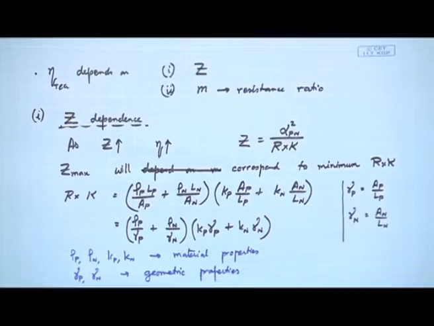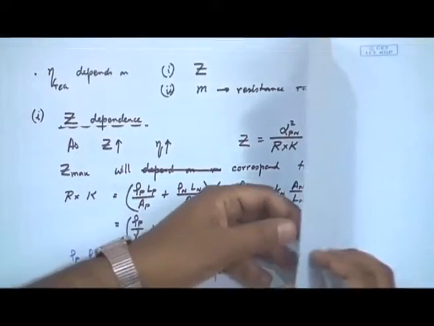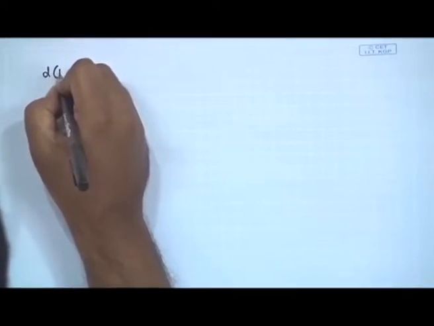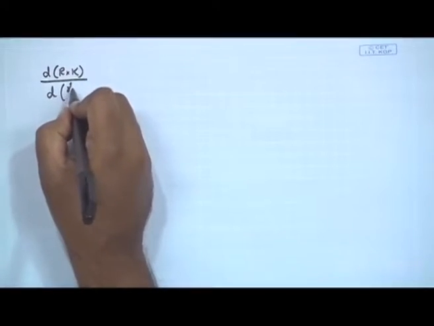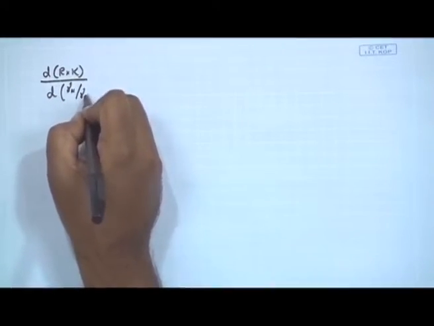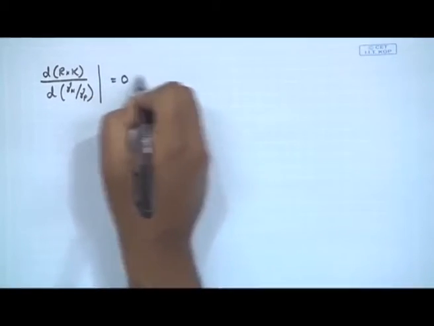Okay. So, I cannot play around with the material, but I can play around with these parameters for a given set of material. So, what I will do is take d of R times K divided by d of gamma n over gamma p, and set this to 0.